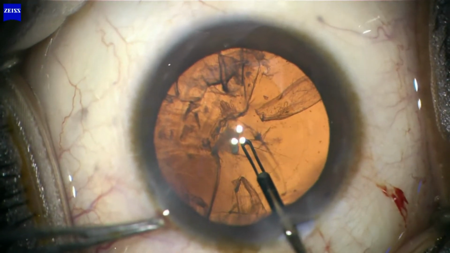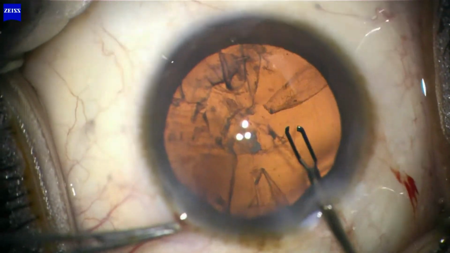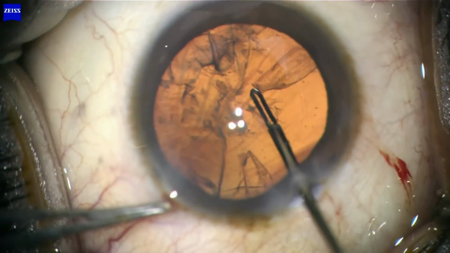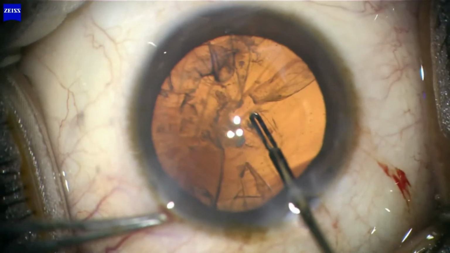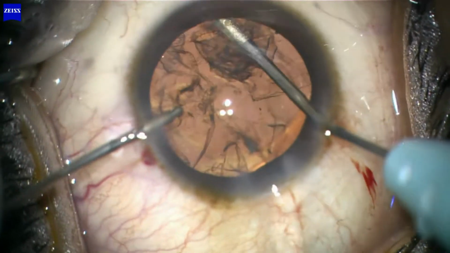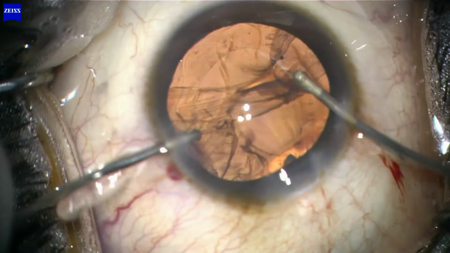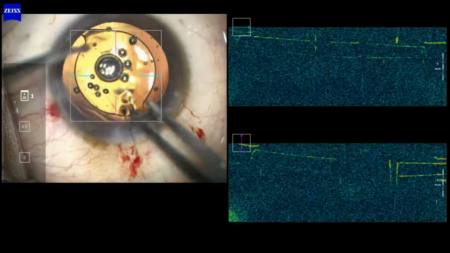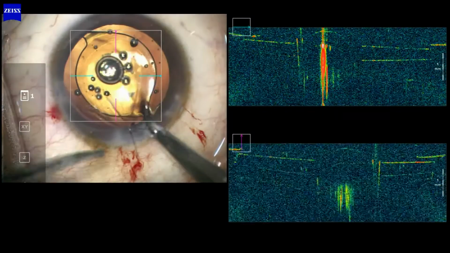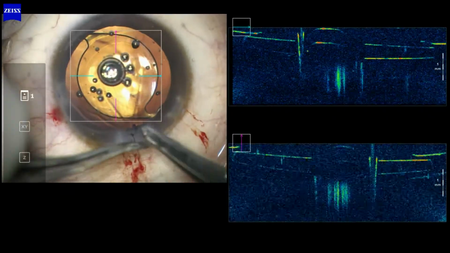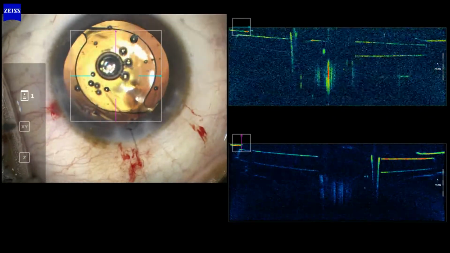The PC defect was converted into a posterior continuous curvilinear capsulorhexis. A bimanual irrigation aspiration was performed to remove any residual cortical matter. The intraocular lens was implanted in the sulcus or in the bag based on the status of the anterior and posterior capsule.